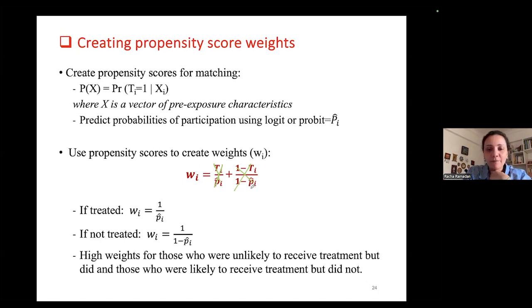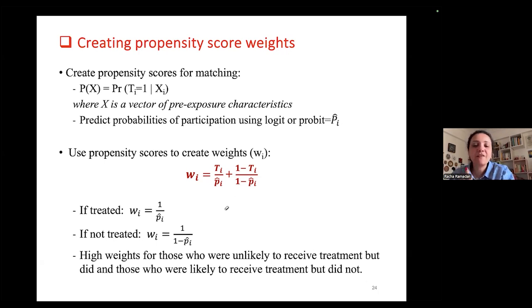If the characteristics we are including in our analysis say that I am likely to be treated, but I am not treated, in this case I will give these individuals low weights because they were likely to be treated, but they were not treated. And the opposite.